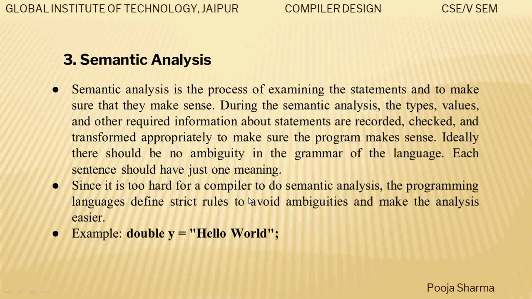Ideally, there should be no ambiguity in the grammar of the language. Each sentence should have just one meaning. Since it is too hard for a compiler to do semantic analysis, the programming language defines strict rules to avoid ambiguities and make the analysis easier.